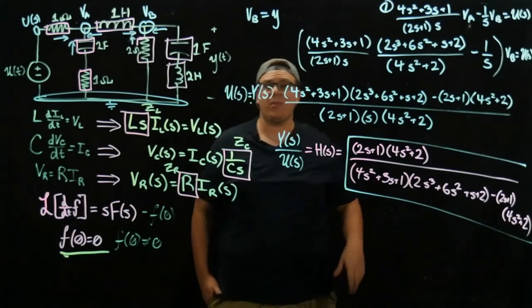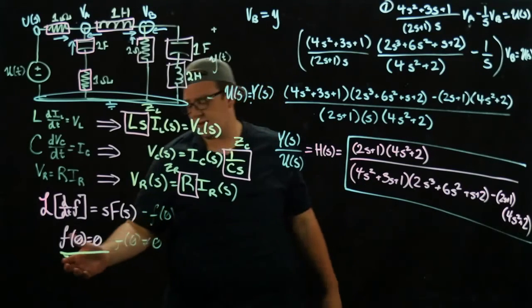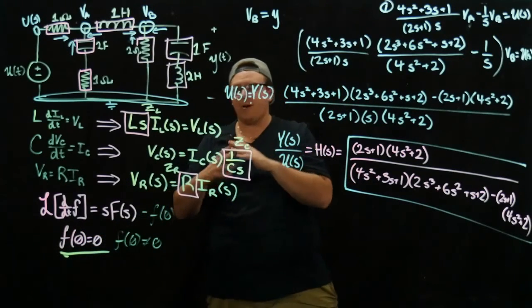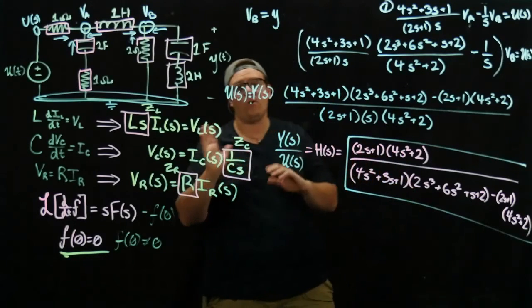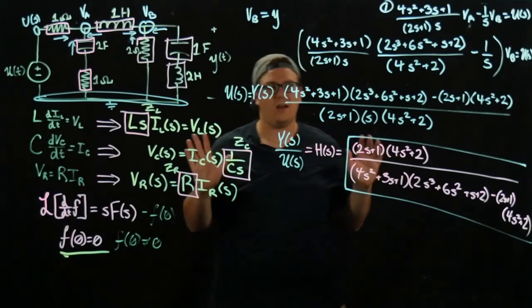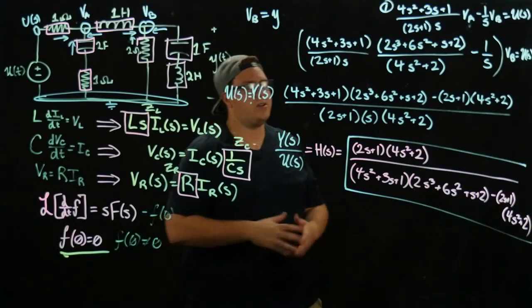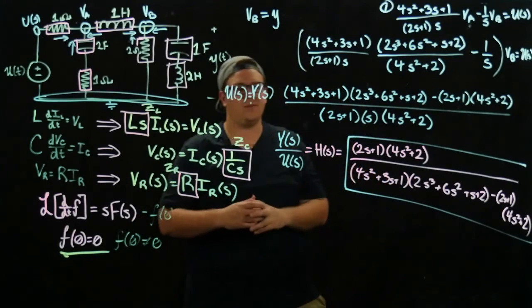And also remember that all of this only works with initial conditions being 0. If initial conditions are not 0, we have a whole different set of algebra to go through because we need to subtract off that initial condition when we do our Laplace transforms.